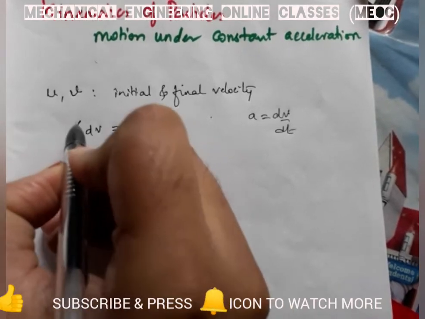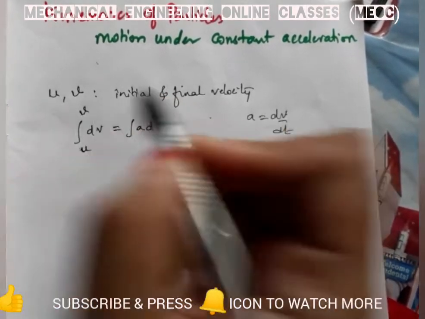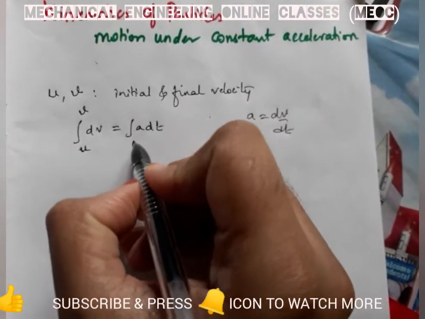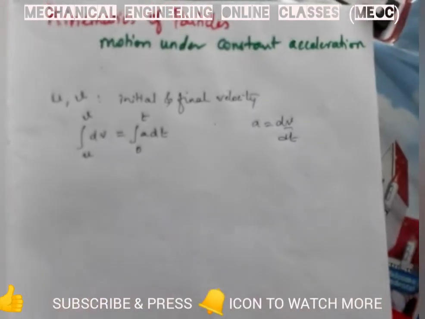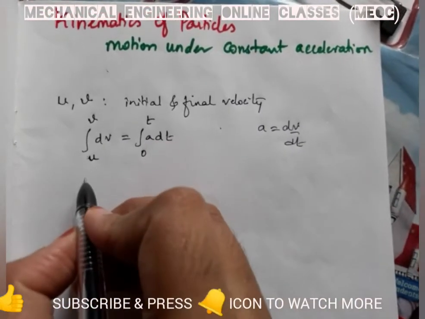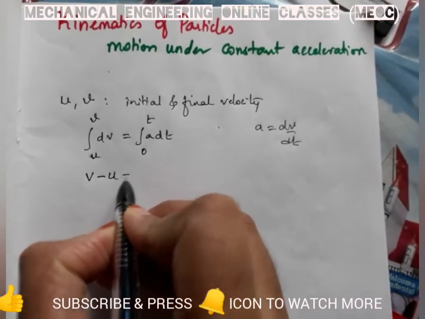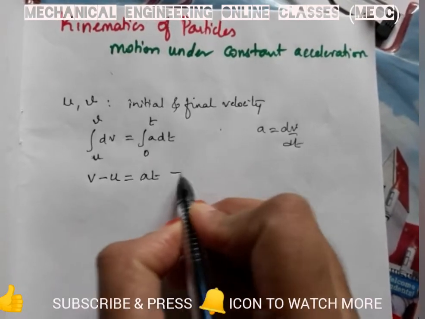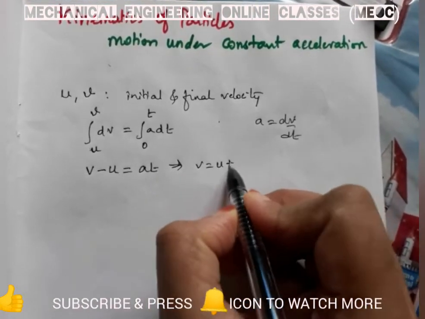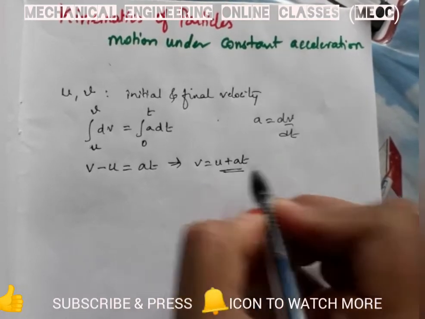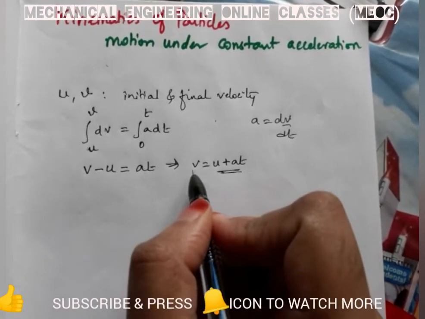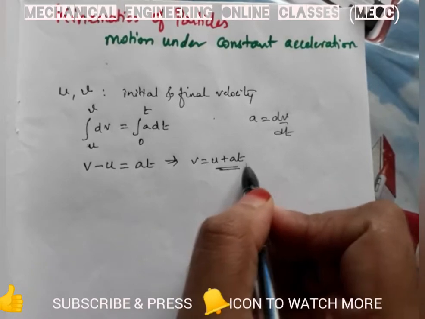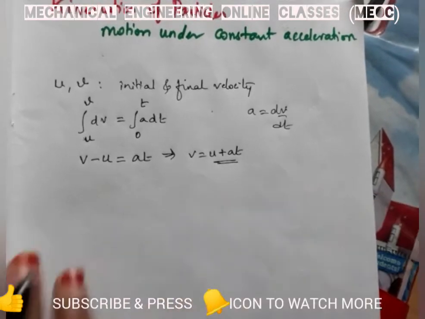Integration here is from u to v, initial velocity to final velocity. Let the time be from 0 to t. Then we have v minus u is equal to at, or v is equal to u plus at. This is one relationship where we find velocity or acceleration in terms of time t.